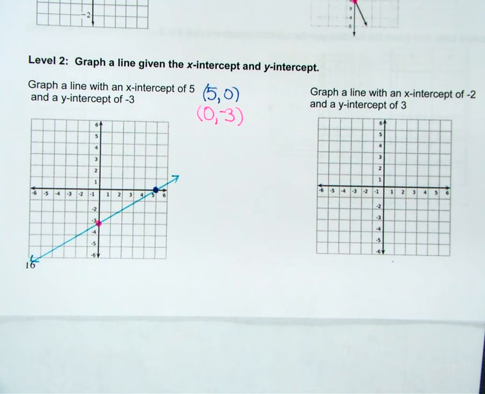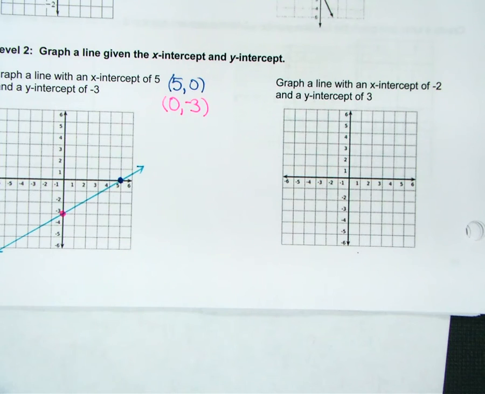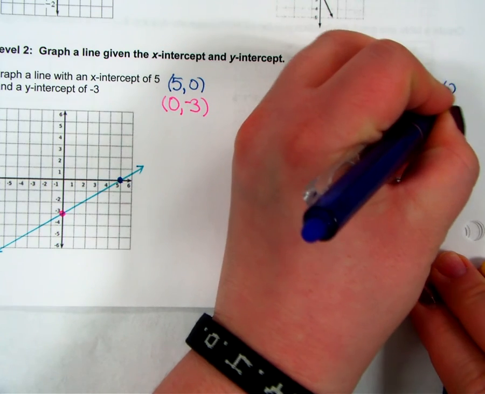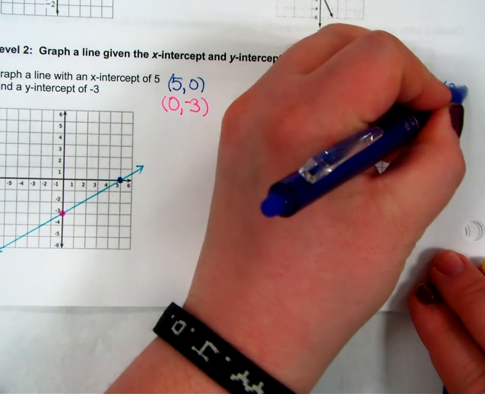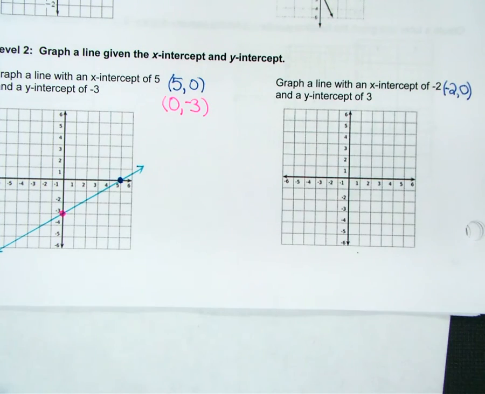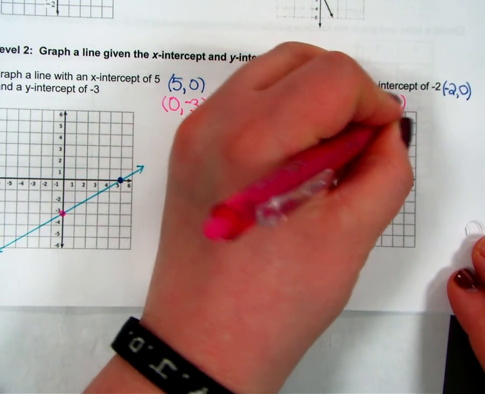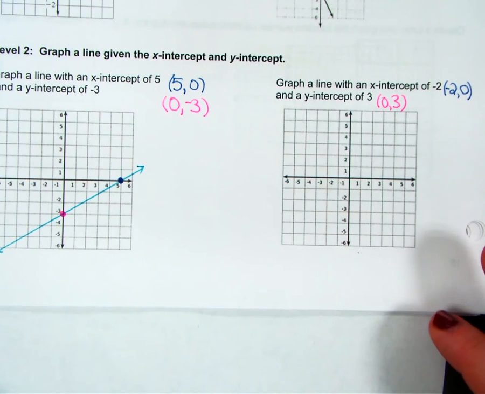Okay? Let's take a look at the next one. It says x-intercept of -2. That means that it is at the point -2 for x. And because it's an x-intercept, y is 0. Then a y-intercept of 3 means that there's going to be a 3 in the y position and 0 for the x position.